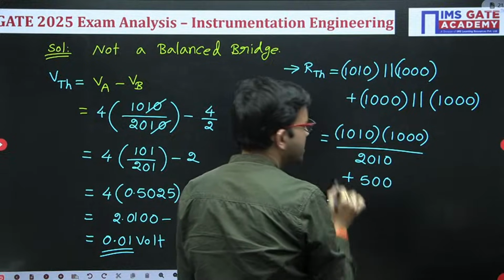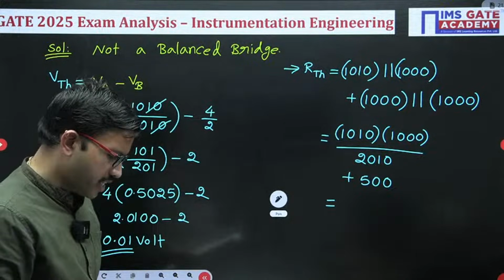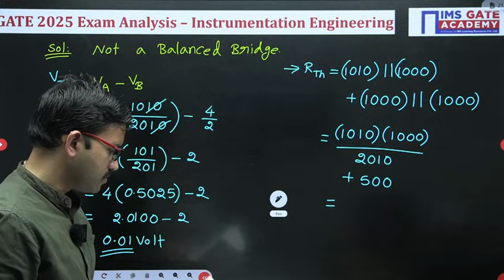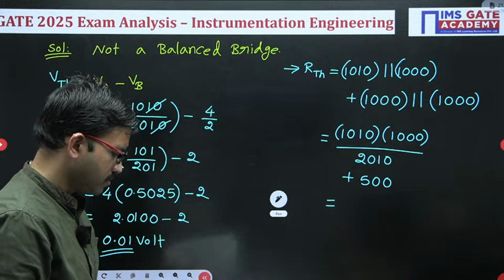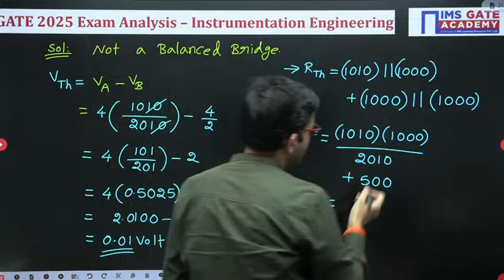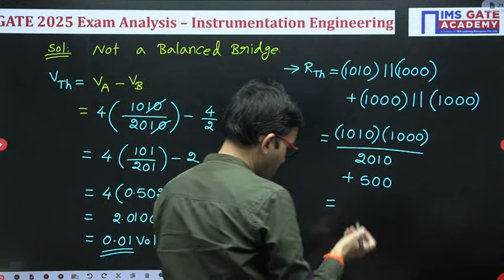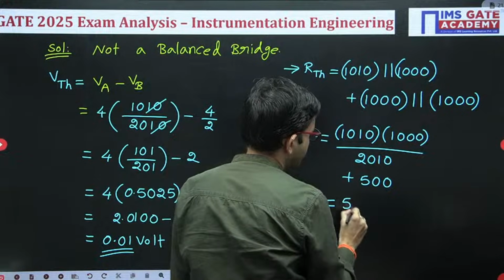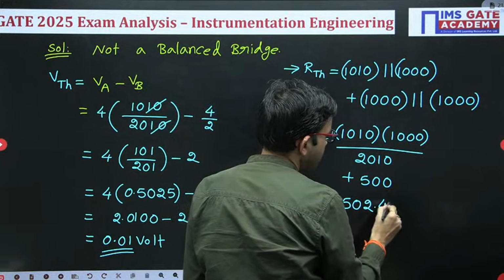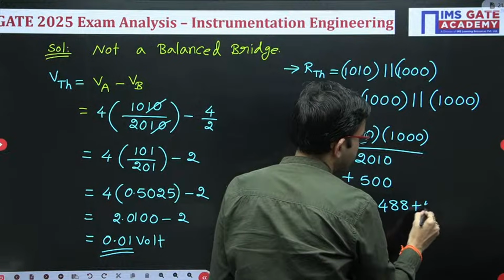Now you can do this entire simplification. You will be getting the RTH value as 502.488 plus 500.